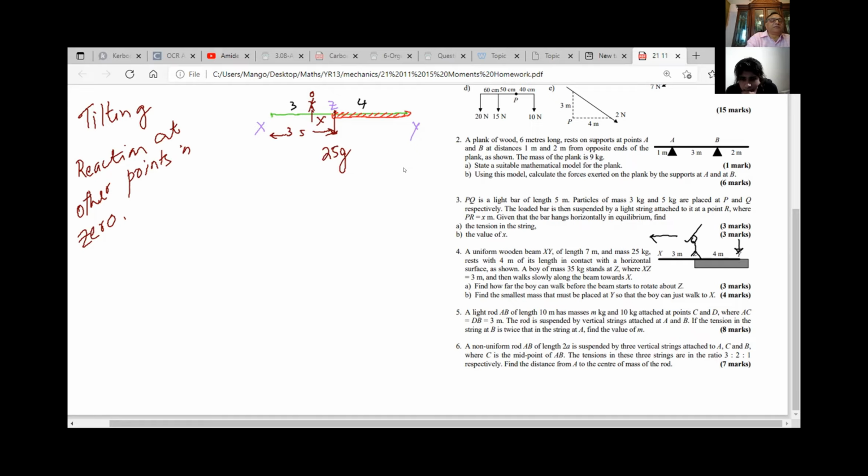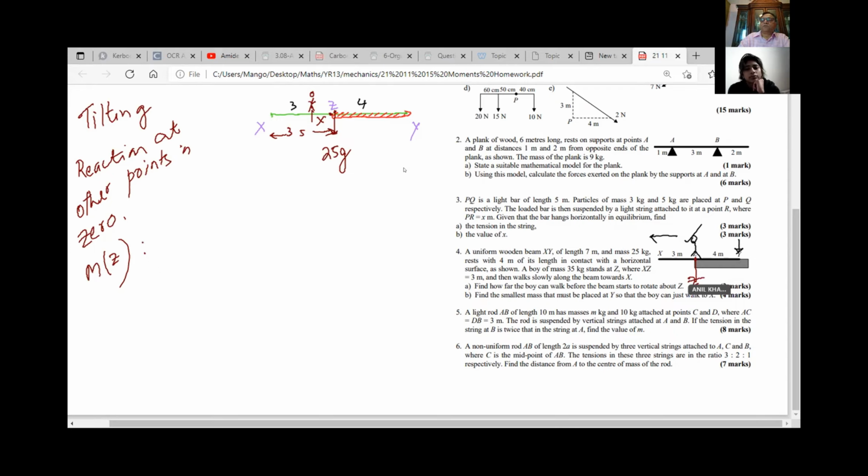We have to take moments at Z, because it tips at Z. Wherever the tilting is, you take the moment at that point. Because tilting is taking place at Z itself, we'll take moments at Z.